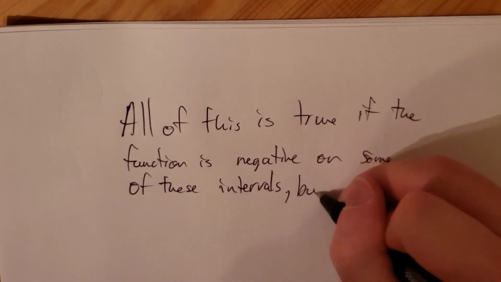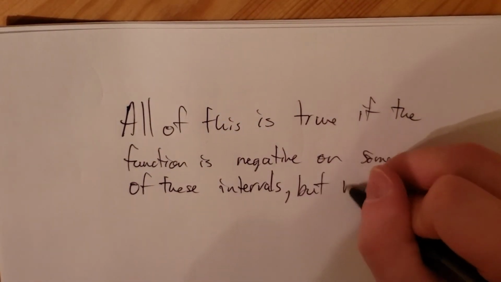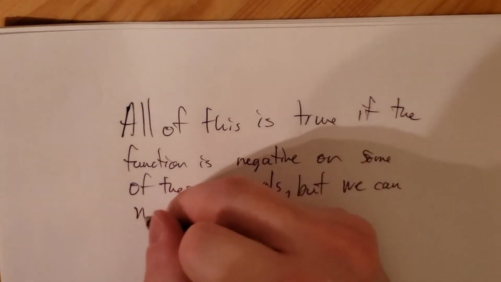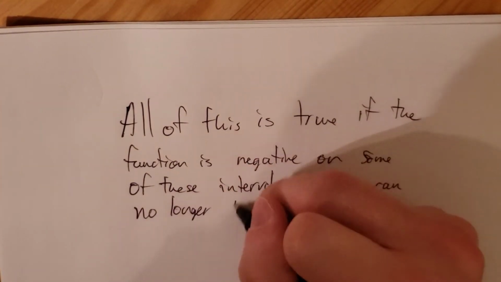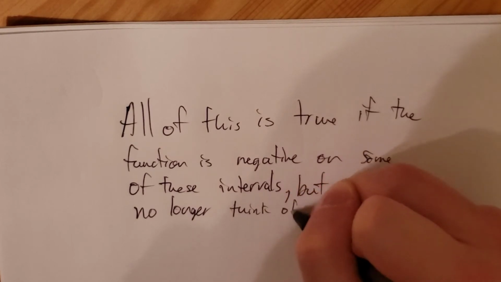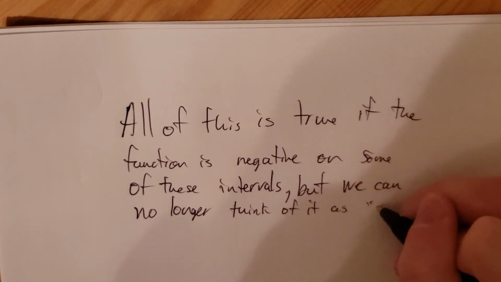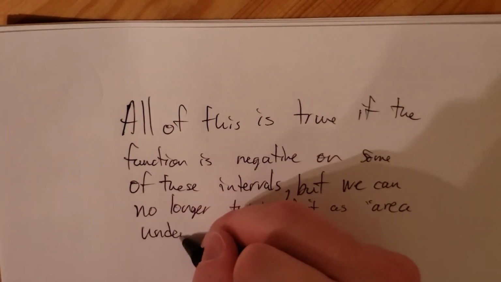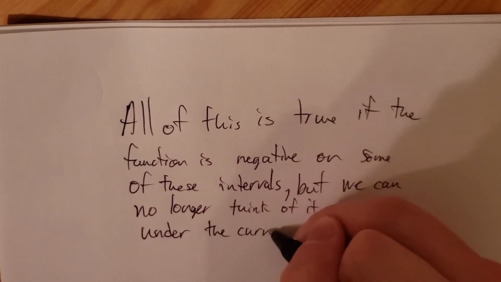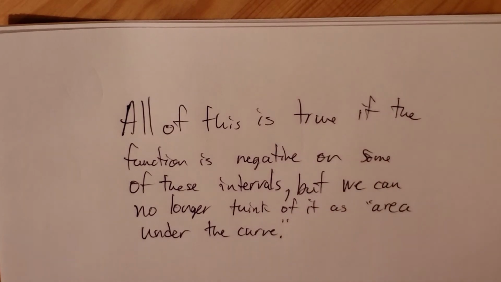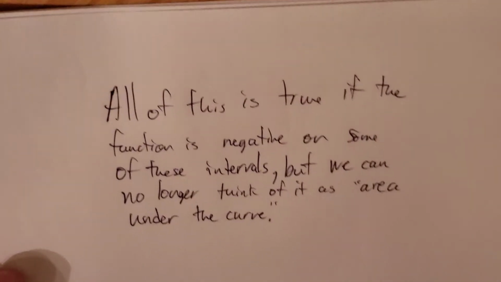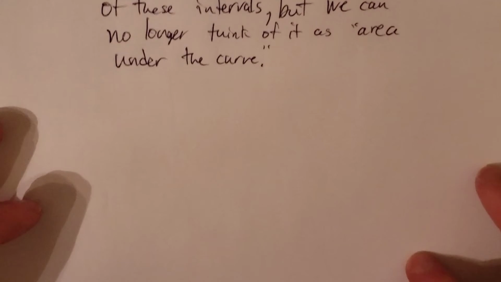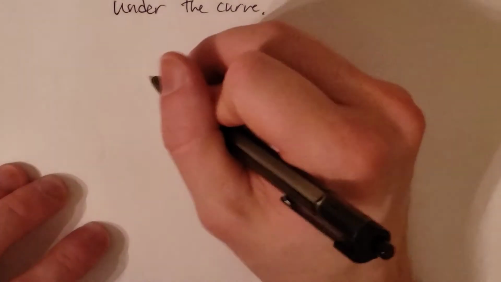But we can no longer think of it as area under the curve. Or maybe we can think of it that way, sort of, but it's not really that, unless we think of negative areas under the curve. So let's draw a picture.